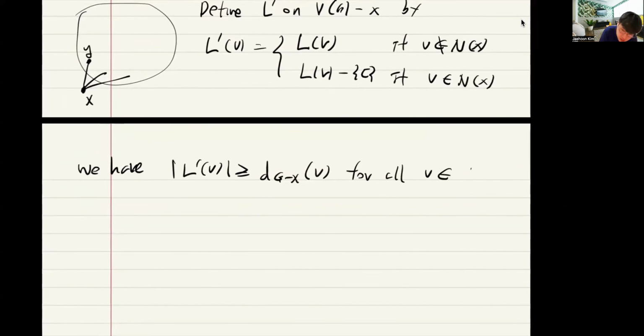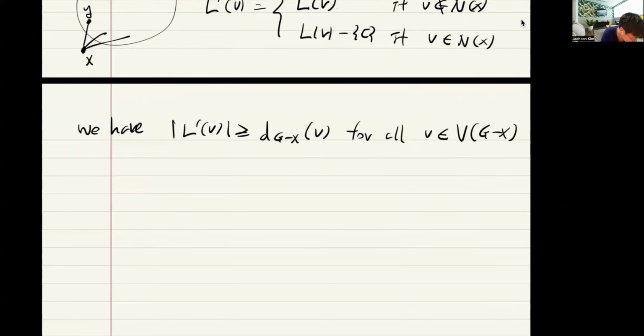For all v in this G minus x, this holds, and furthermore, this specific y, you have this.